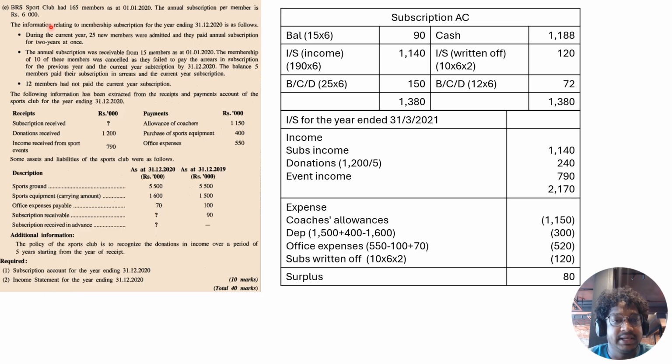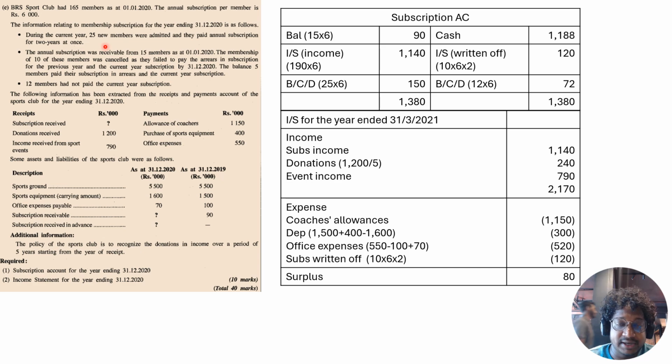So here, as at opening date, there were 165 members. And during the year, they recruited another 25 members. So altogether, 165 plus 25, there are 190 members in this year, right?